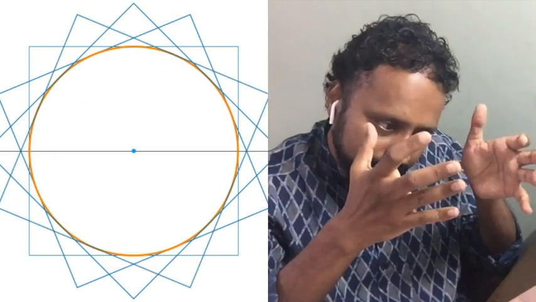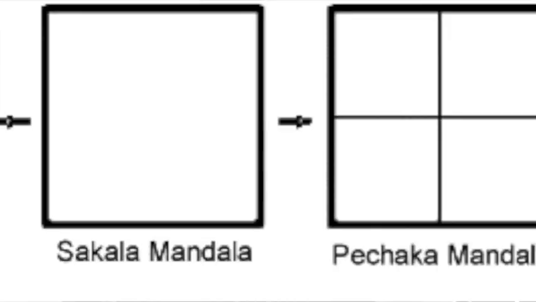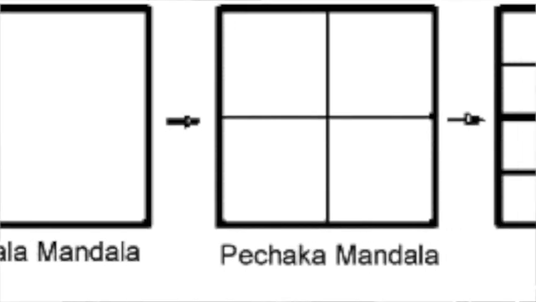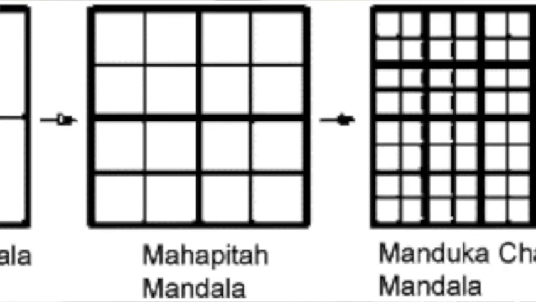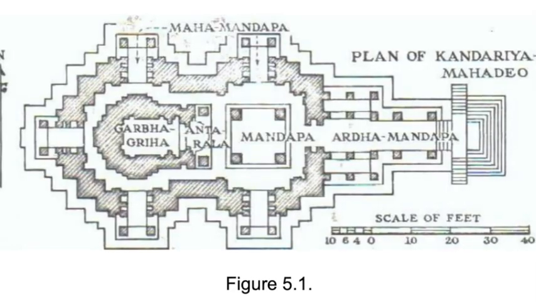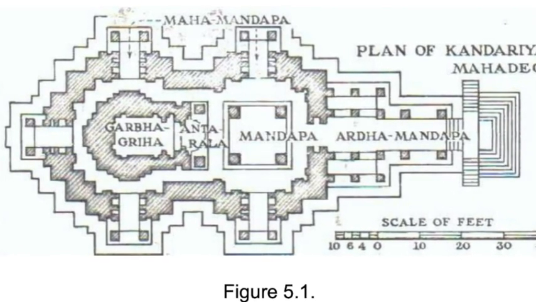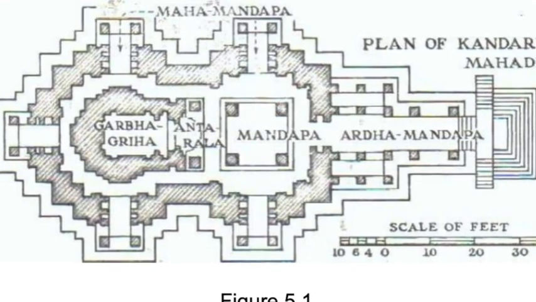They typically start with a square, then cut it into 4 squares, or 9, or 16, or 25, or 36 squares, and then you form shapes. Even a temple shikara which looks like a circle is not a circle. It's many squares inscribed, which gives you the appearance of a circle.